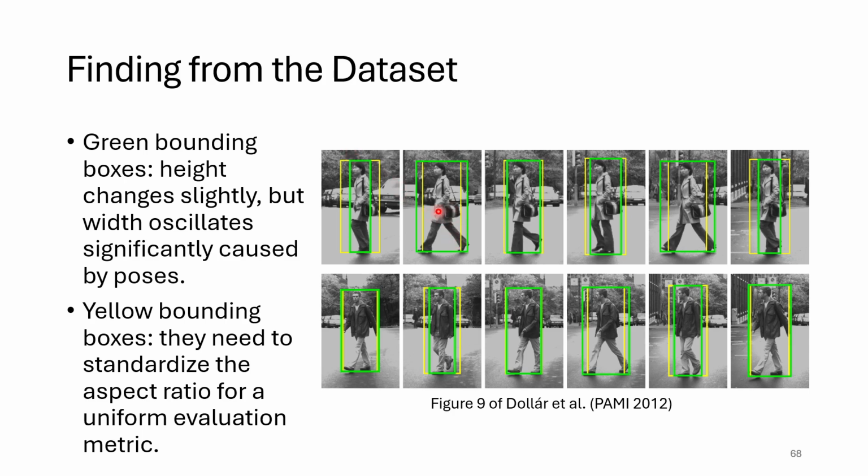But when the pedestrian walks and his two legs are wide apart, the bounding box will become slightly larger, then become small, and then slightly large again, because we have two legs. So they need to define a standardized bounding box, the yellow one, so that they can compare existing algorithms on the same standard.